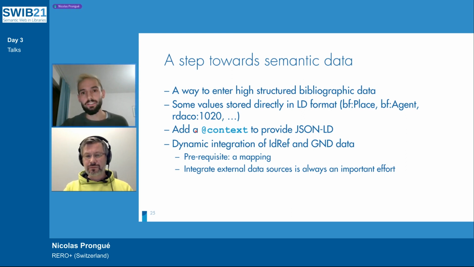We should still add the context, but we are just one step away from JSON-LD. This is work to be done, maybe next year. And we have a dynamic integration of IDRef and GND data in the editor, as you could see in the autocomplete functionalities.